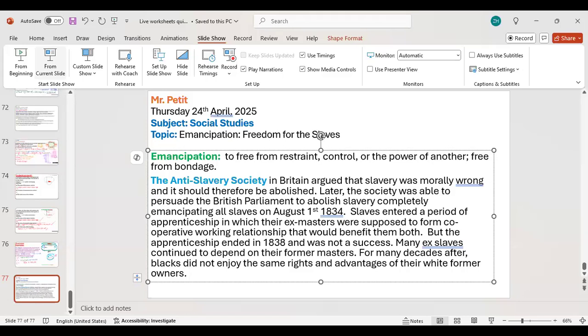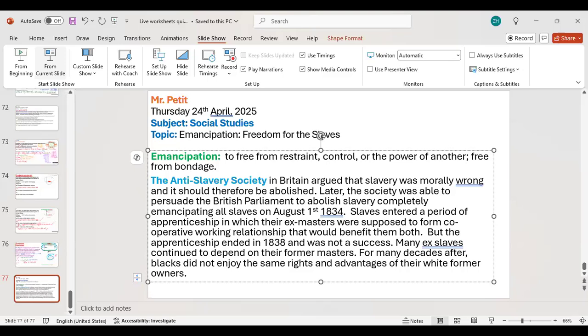All right, so it's talking about emancipation. The people who objected to slavery, we said that they were who? What was the name of that big group who rejected slavery?